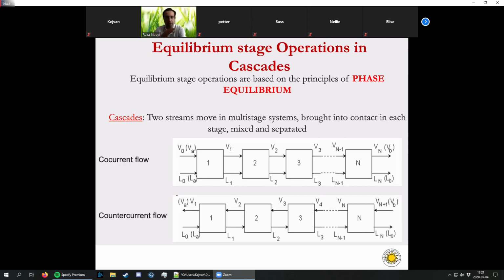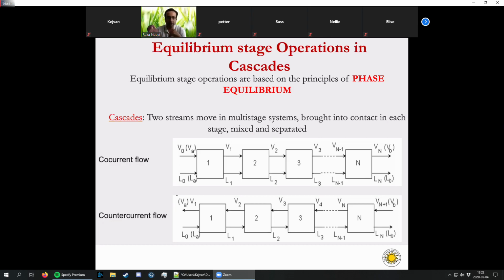And when we put all those stages, plates, columns, and packings close to each other in an integrated system, we have cascade systems. In these stage systems or cascade systems, materials can flow in the same direction, which we call co-current flow, or, if we have two streams, they can move in opposite directions, right?